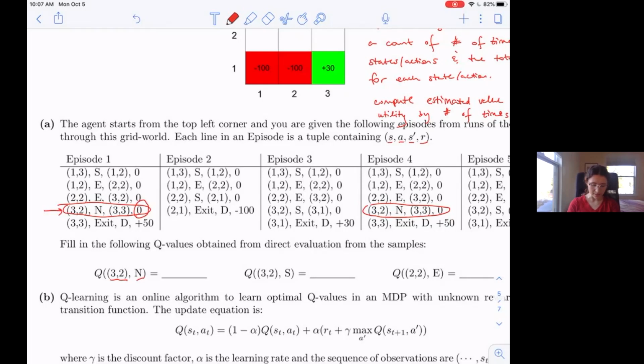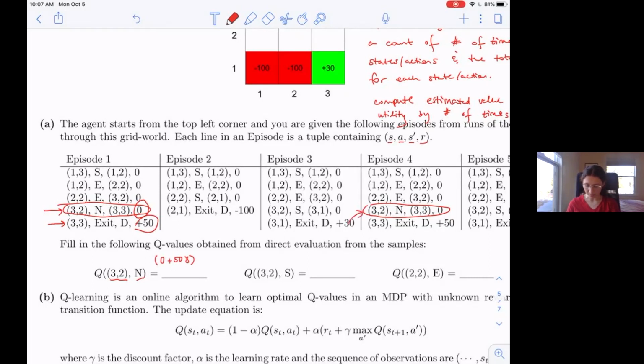But then the next state it's going to end up in is going to be 3-3, and it's going to take the exit action and receive plus 50 reward. So if we write this as the total discounted utility, it's going to get 0 immediate reward plus 50 times gamma, after which it exits and it terminates.